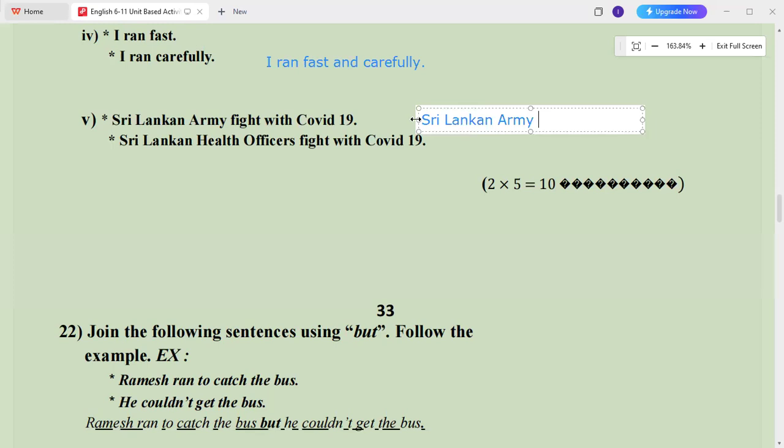Sri Lankan army and Sri Lankan health officers fight with COVID-19, right?